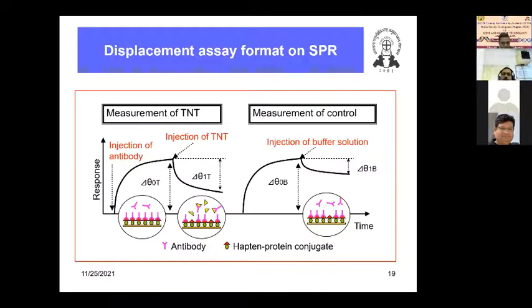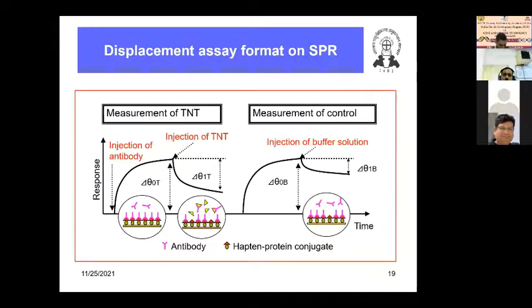Then the measurement of TNT, and what we did. This displacement assay method is not available in the ELISA system. You put your DNP-KLH on the surface and then inject the antibody against TNT. The response is high.